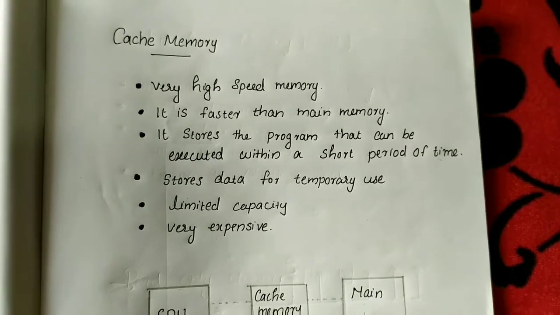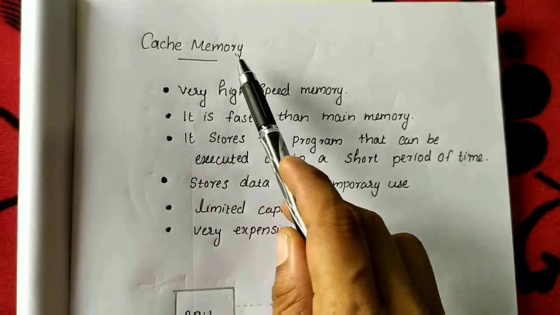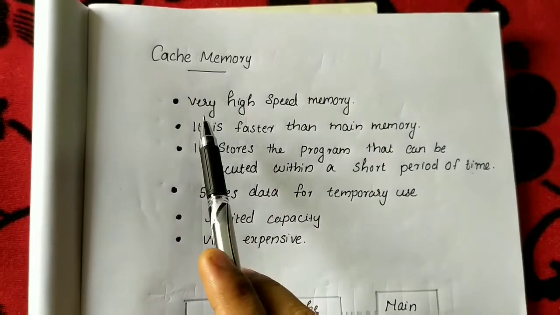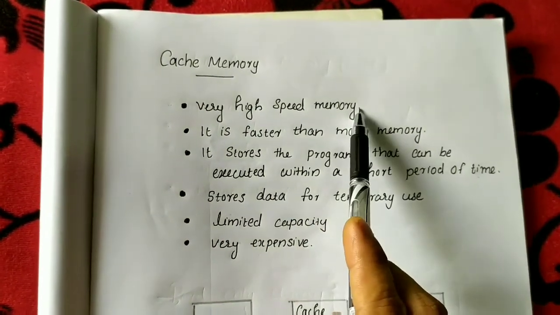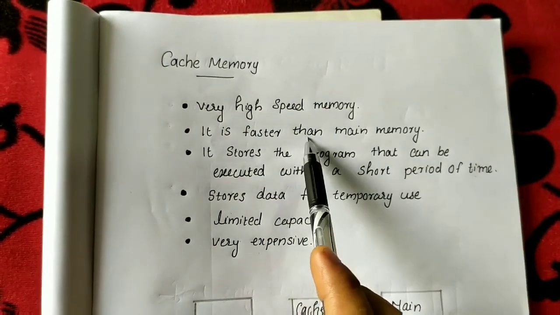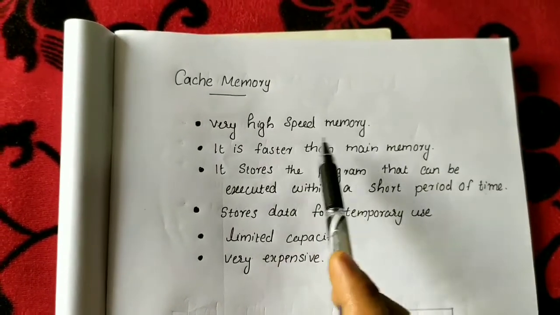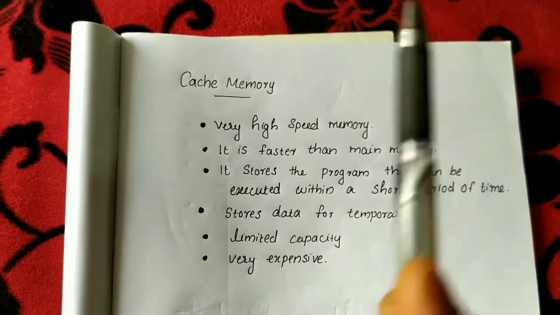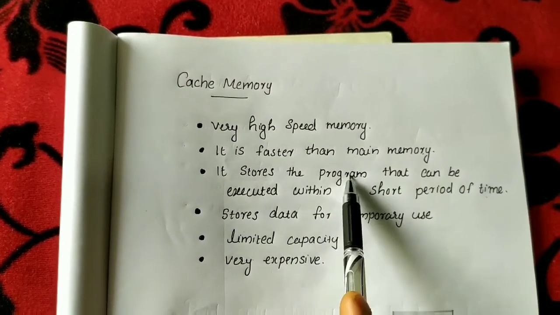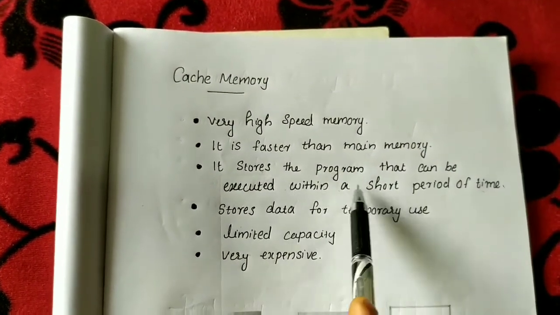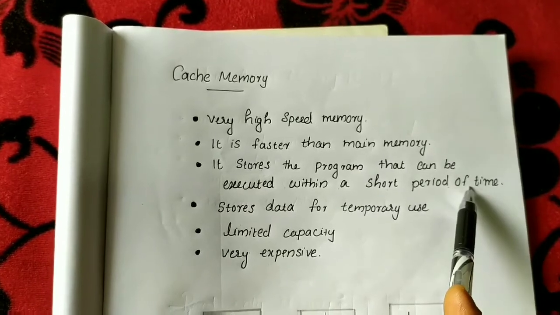Next we are going to discuss cache memory. It is very high speed memory, faster than main memory. It stores the programs that can be executed within a short period of time.